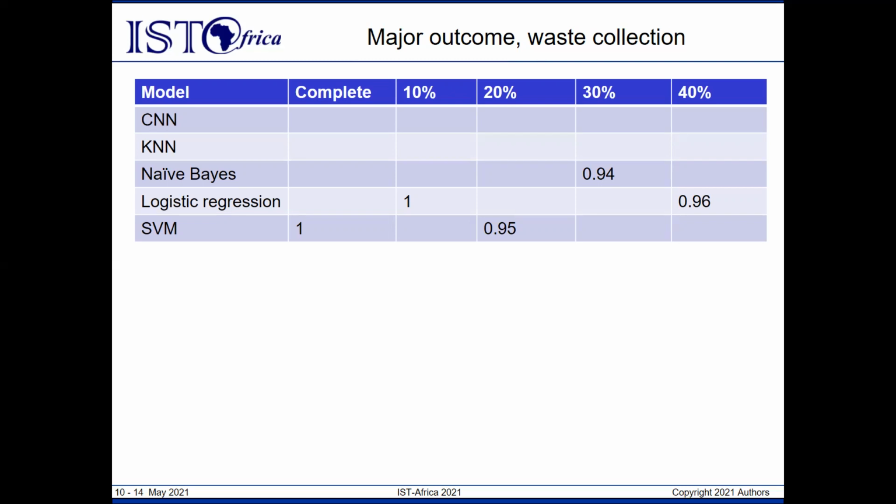So it means that our model was trained to take up to 40% of missing data. So even if households number 2, 3, 4, 5 may have missing data, we can still take a decision to say we are collecting in section A or not, right?